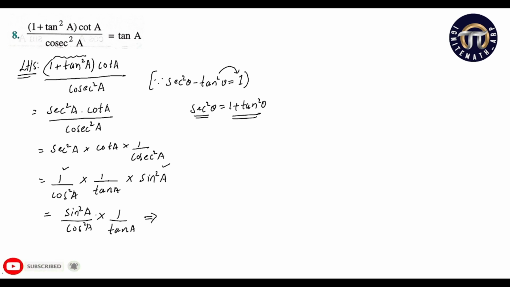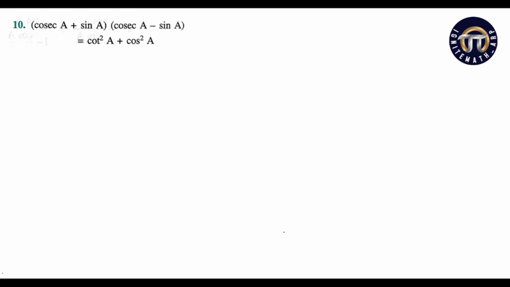Sin square A by cos square A is tan square A. Tan square A into 1 by tan A. So one tan A will get cancelled. So I will be left with what, children? Tan A. So that is equal to your RHS. Is that clear to you? Right. So now let's proceed with the next question.